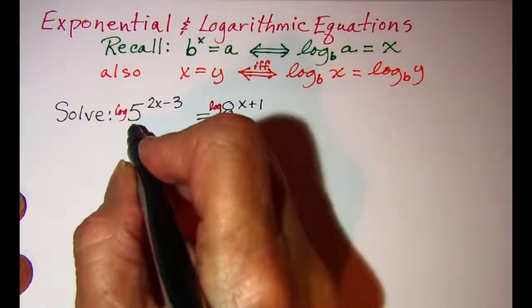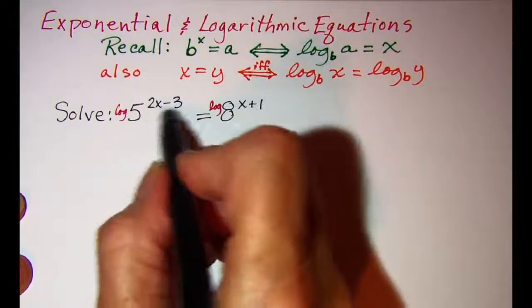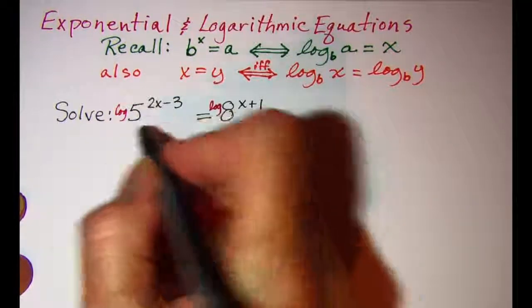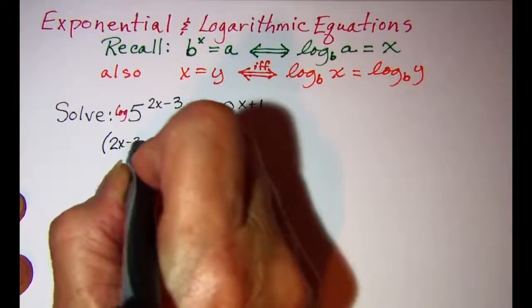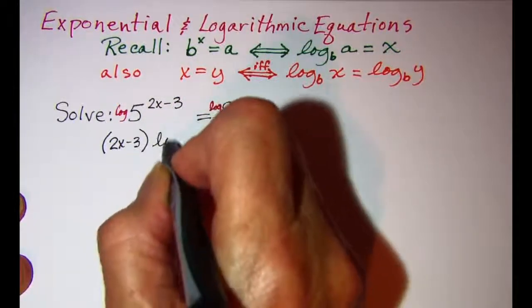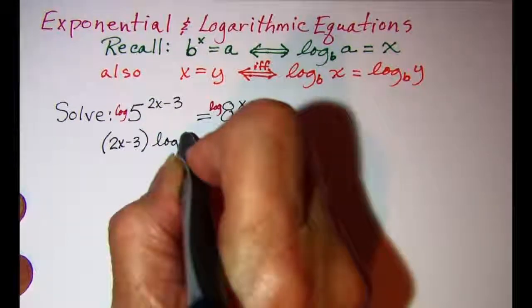So we're going to write this as, and since this is a binomial, we need to put it in parentheses, 2x minus 3, that quantity multiplied by the log of 5.